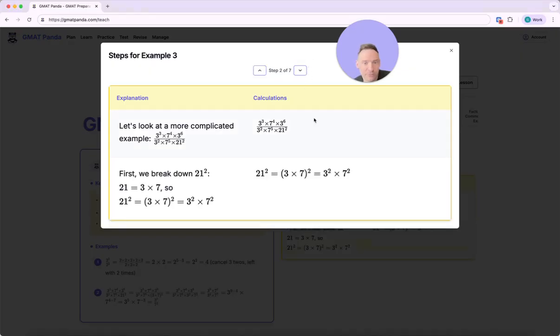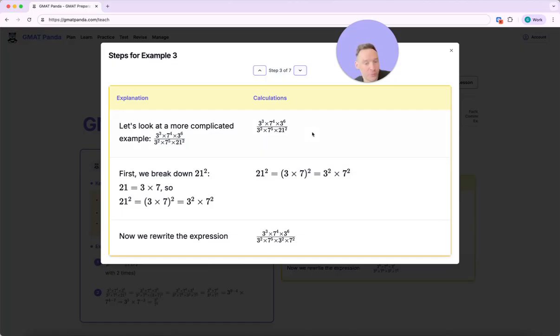First of all, let's look at the 21 squared. 21 is 3 times 7, and we can effectively distribute that power of 2 onto the 3 and the 7. So that's equal to 3 squared times 7 squared. And now we've got a fraction with just 3's and 7's in terms of bases. So we can regroup those 3's and 7's together using the rules that we've seen.